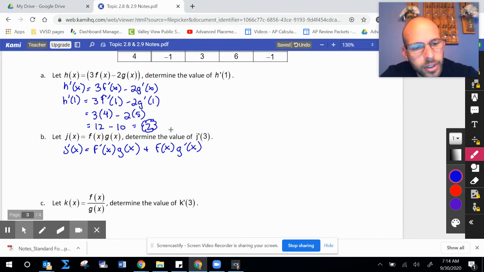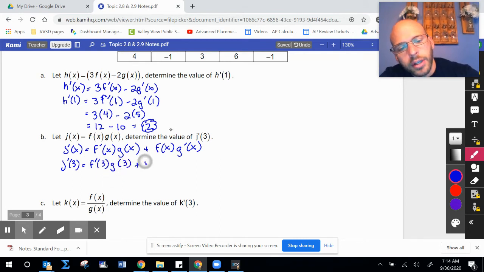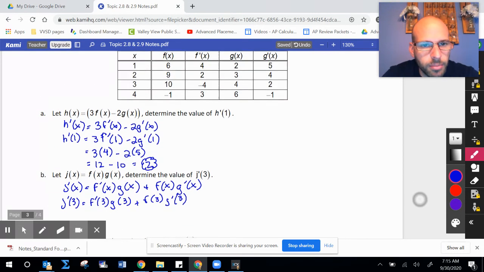And now we're going to plug in 3. So j prime of 3 will be f prime of 3 times g of 3 plus f of 3 times g prime of 3.